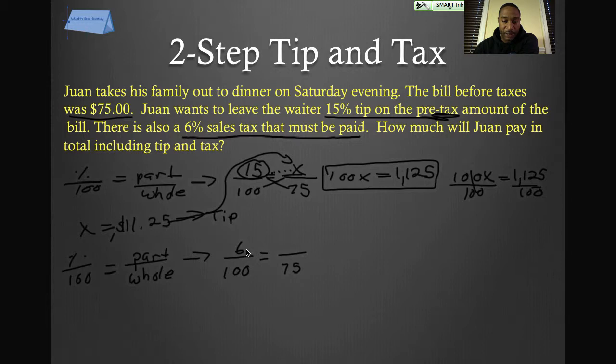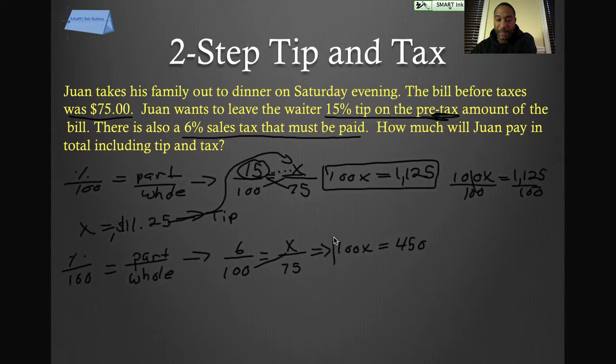And the 6% of 100 equals in dollars to X amount we don't know. Let's cross multiply. 100 times X, we get 100X is equal to, I'm going to go back to the trusty calculator. And now I have 6 times 75 is going to equal 450.